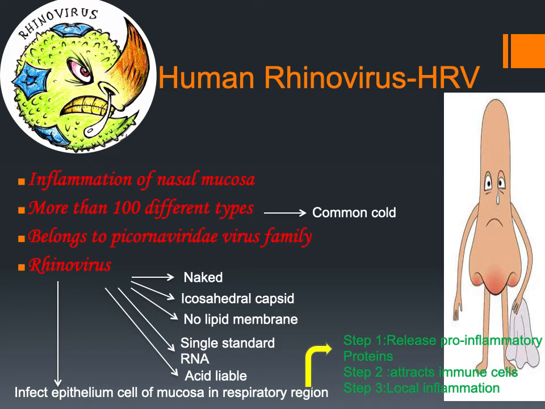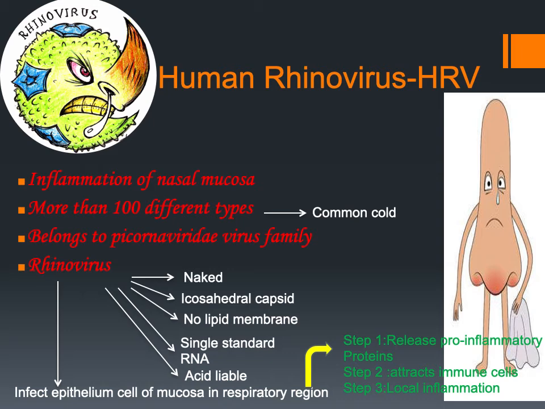The next main thing is, as I mentioned before, rhinovirus affects the epithelial cells of the mucosal area in the respiratory region. Once it affects the epithelial cells, it releases pro-inflammatory proteins. Once these are released, they trigger the human immune system. All the cells which I told you about before will come to that particular place.